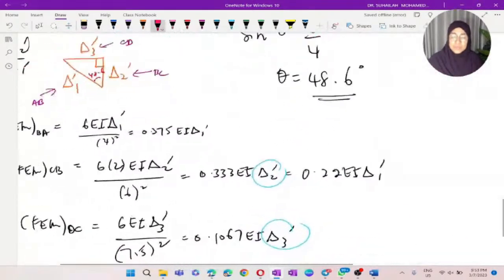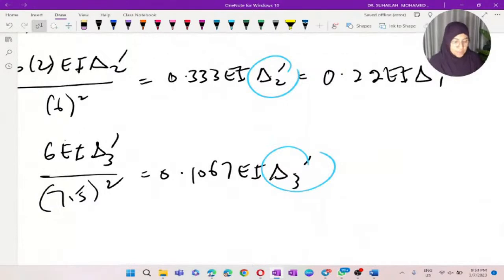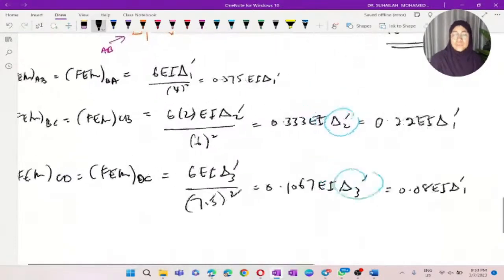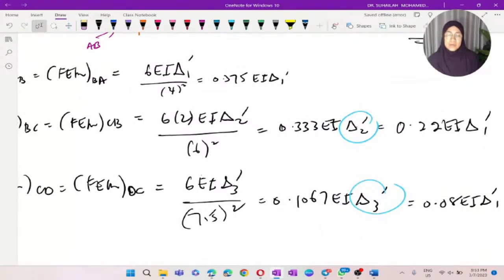So 0.75 we times with 0.1067. Here we get 0.08 EI delta 1 prime. So these are the three values we calculate based on the formula.